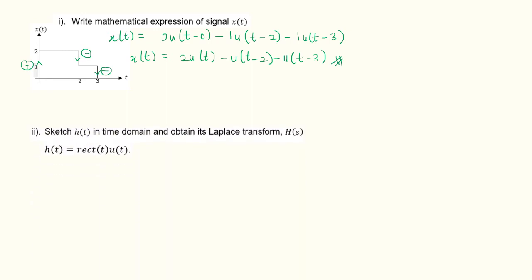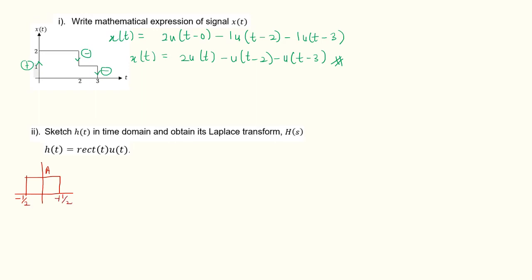Okay, so next question: sketch ht in time domain and obtain its Laplace transform Hs. So ht is given by rectangular t ut. How does this signal look? For the rectangular function, always remember the basic rectangular shape. This is the fundamental rectangular shape. The magnitude is A, from negative 1 over 2 to positive 1 over 2.